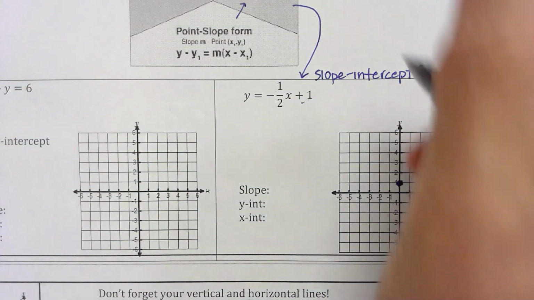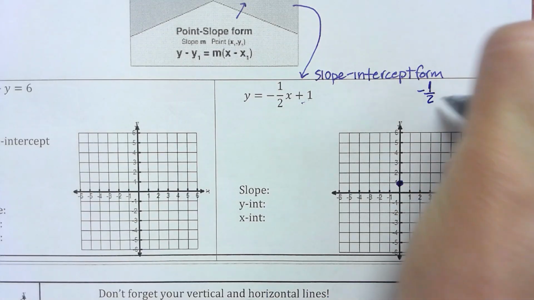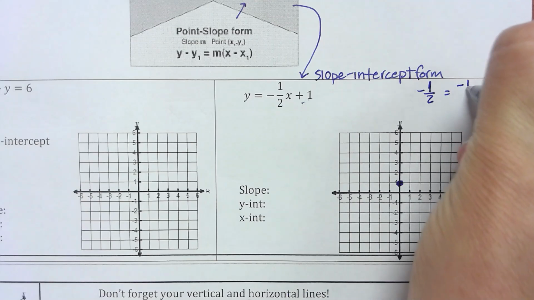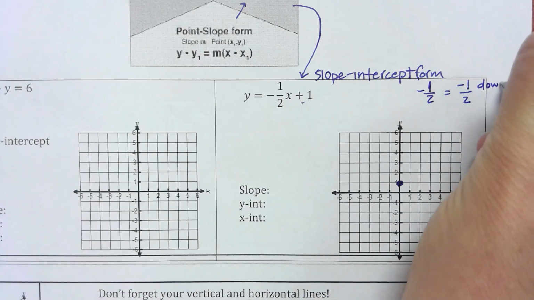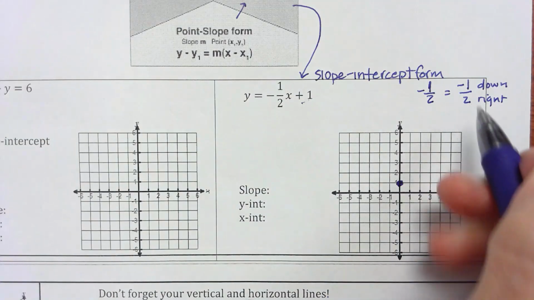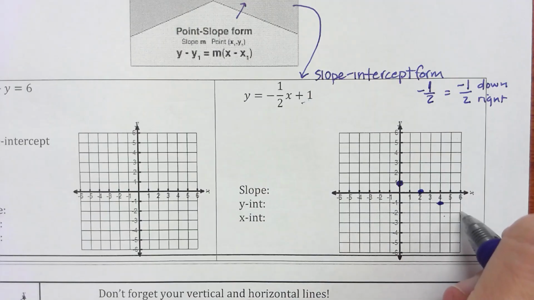Now, one good thing to know is that this fraction, negative 1/2, is the same thing as -1 over 2. So this is telling me to go down 1 and then go right 2. So that's a positive 2. Go down 1 and right 2, down 1, right 2.